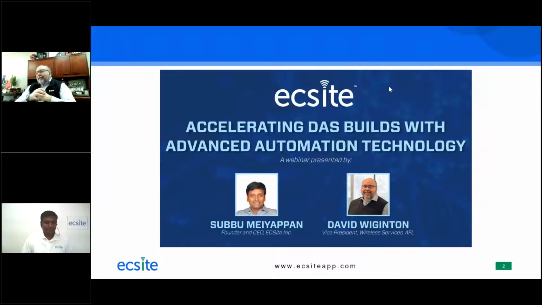A few years ago, he helped develop a company called NextNav, which used a beacon-like GPS technology and was finding its way into 911 and other applications. I believe it was actually adopted by NASA. Very successful. And then Subbu decided to launch ECSite, and that's where we met a few years ago.